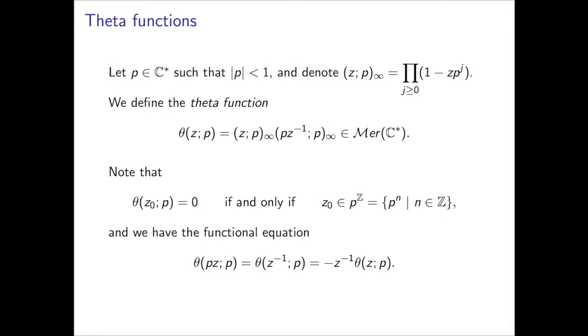Being p-periodic would mean that when you modify the argument by multiplying it by p, the function stays the same. This one does not. However, somehow it still makes sense to talk about what a zero is in the elliptic curve defined by p. So we'll get to this in more detail, but I wanted to point it out now.